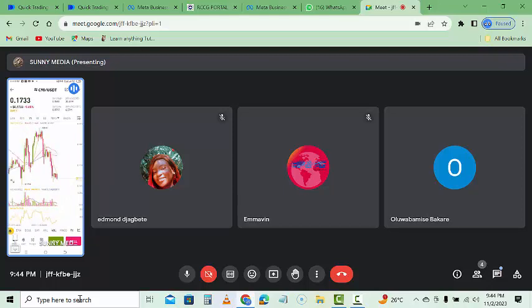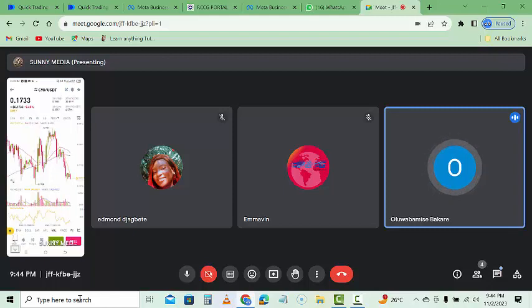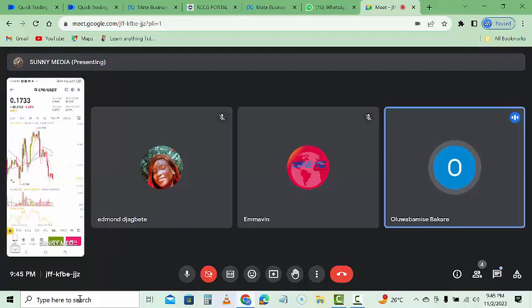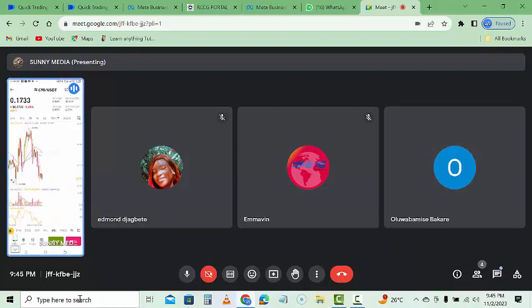Just put it below this previous low here, which I'm seeing at 0.1708. That is the stop loss. Yes. Okay, below 0.1708. No, below 0.168. That's 0.17 you're seeing down there.